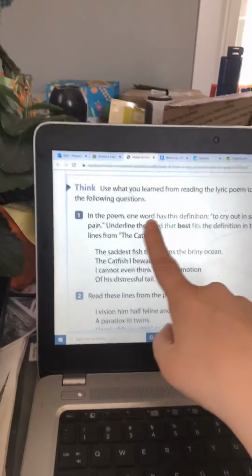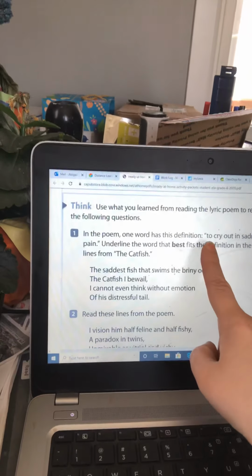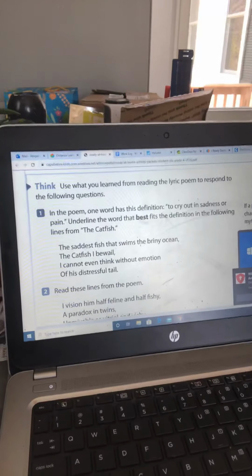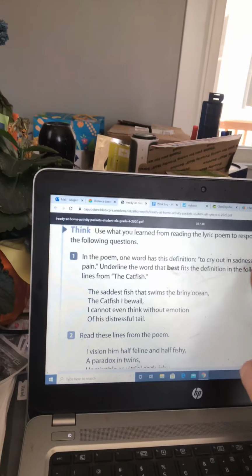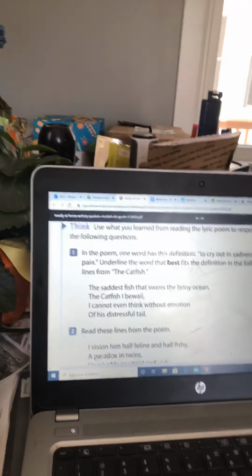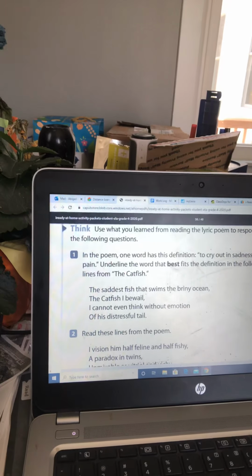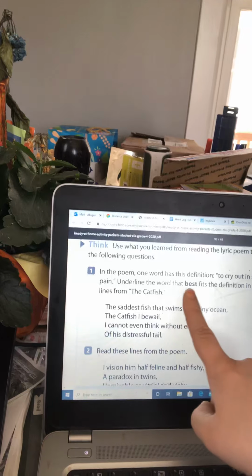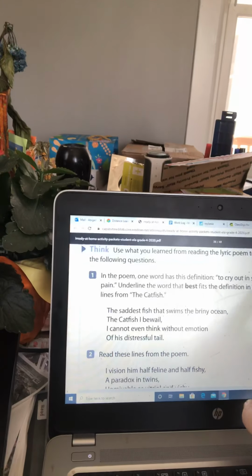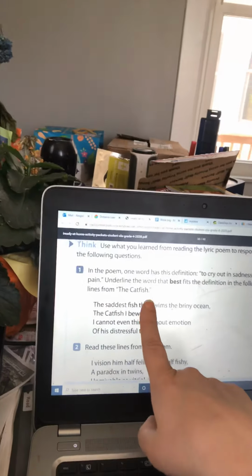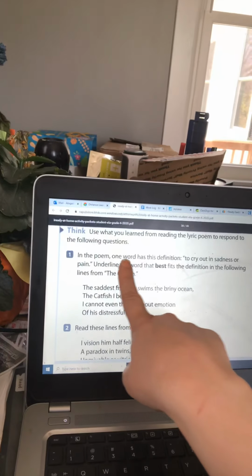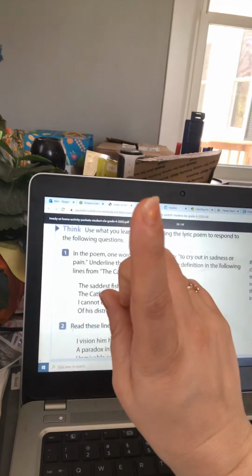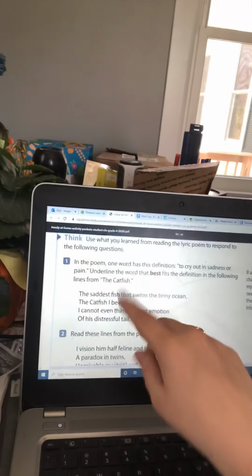In the poem, one word has the definition: to cry out in sadness or pain. Underline the word that best fits the definition of the following lines from Catfish. So you underline one word.